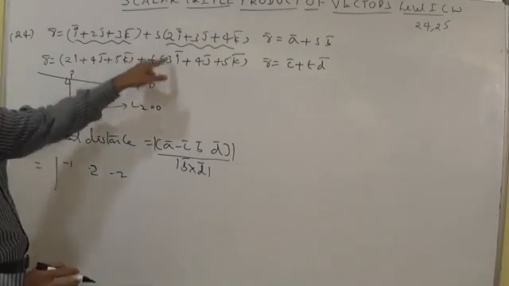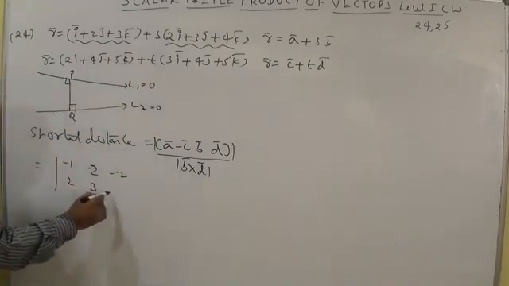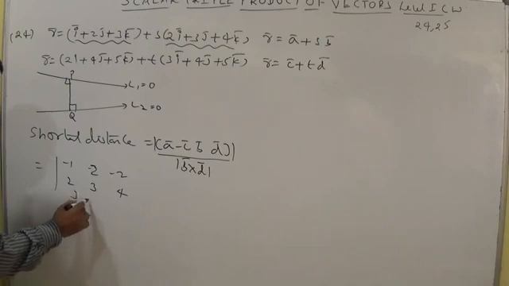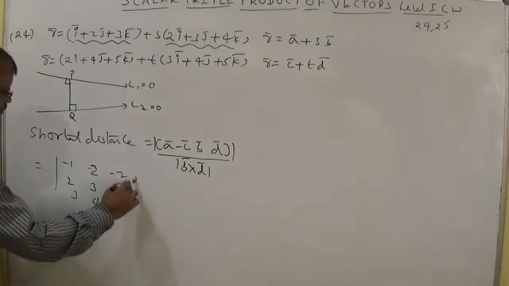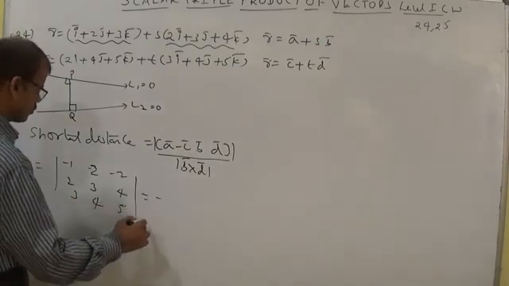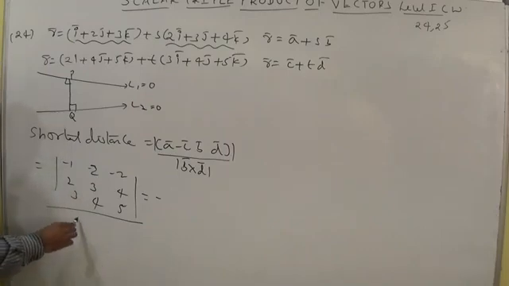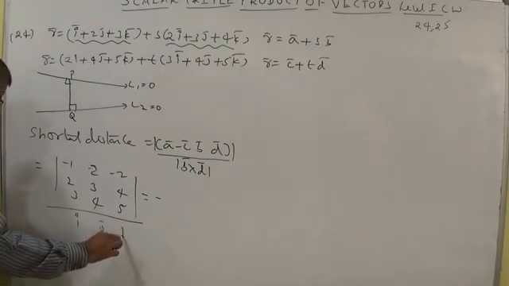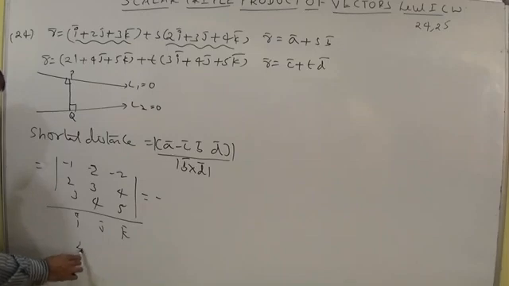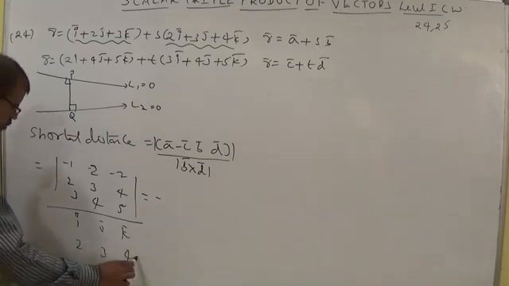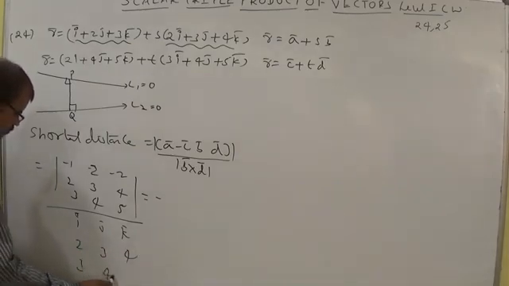Next, B and D: write directly 2, 3, 4 and 3, 4, 5. B cross D I am writing here as a determinant with i, j, k, and the rows 2, 3, 4 and 3, 4, 5.